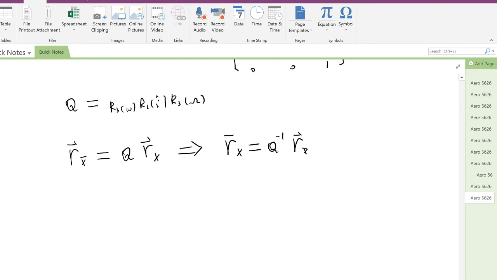And the same thing we can write for V: the V in the small x is equivalent to Q times V in the capital X, or the V in the capital X is equivalent to the Q inverse times the V in the small x.